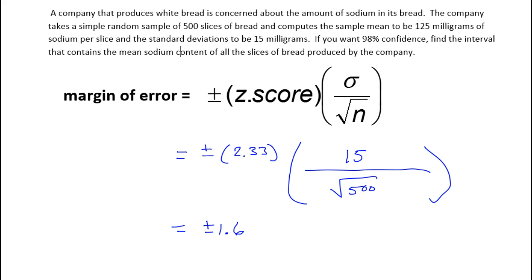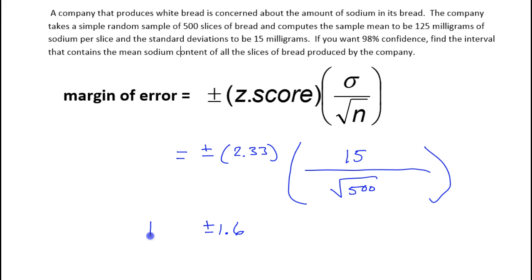So this sample of 125 milligrams of sodium tells me that the population of bread, if I looked at all the bread produced by the company, is probably going to be pretty close to the sample, but it could be a little bit higher or a little bit lower than what the sample said. So that's where the margin of error comes in.